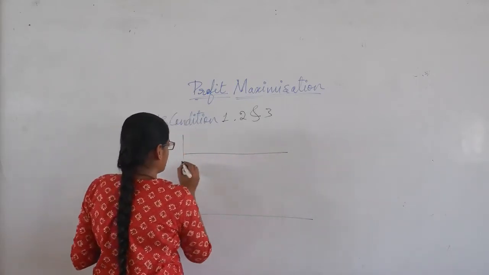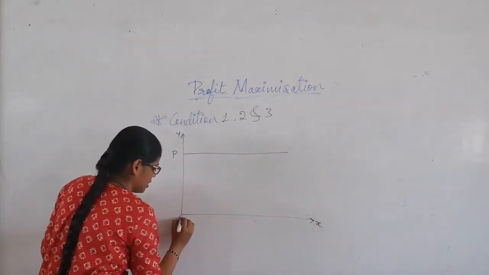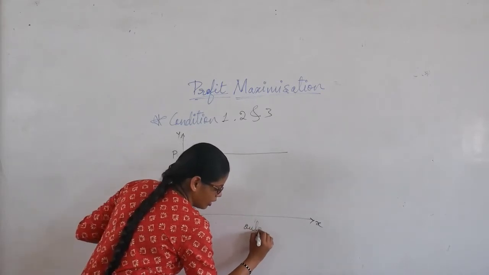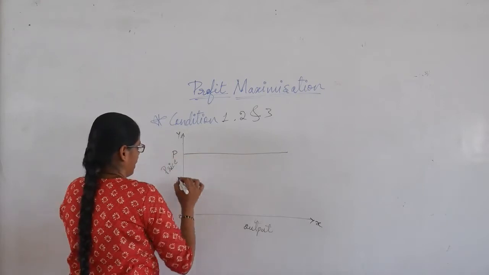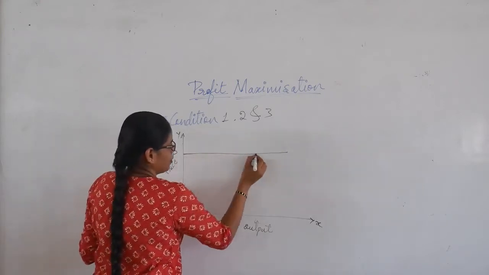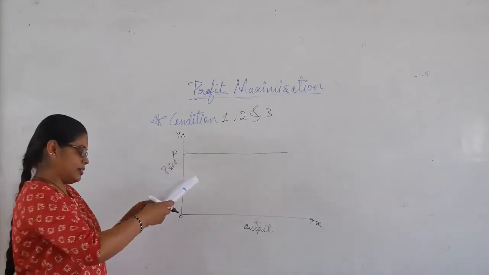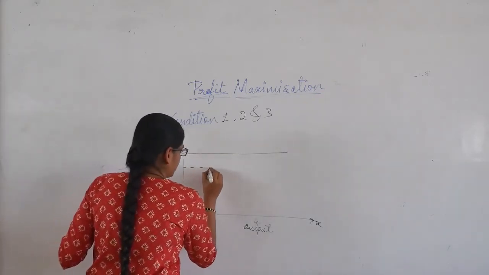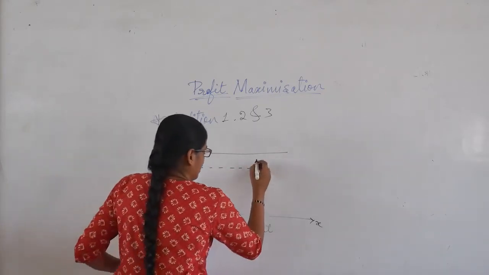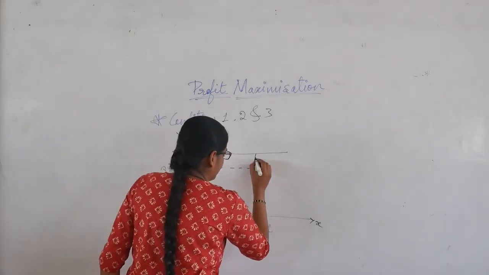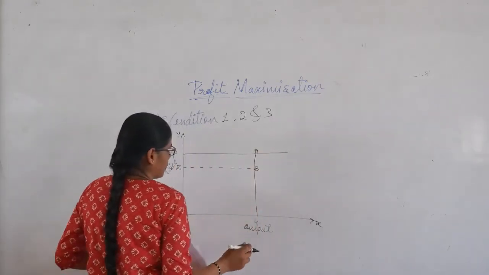So this becomes your P. This is the y-axis and this is the x-axis, wherein the x-axis talks about the output and the y-axis talks about the price. This is the market price. Then these dotted lines talk about the cost, and if you draw a line here, this point is A and this point is B.